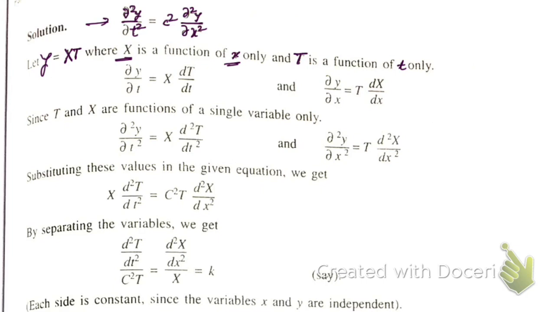If we differentiate this partially with respect to t, then x must be considered constant, and we get X times dT by dt. Then if we differentiate partially with respect to x, t is considered constant, and we get T times dX by dx. I hope you have understood this.